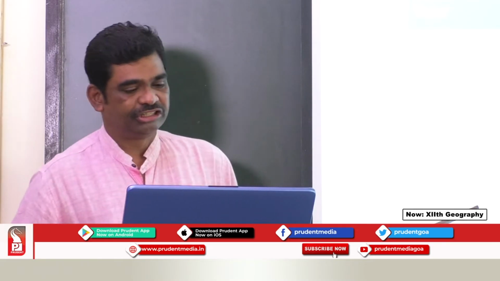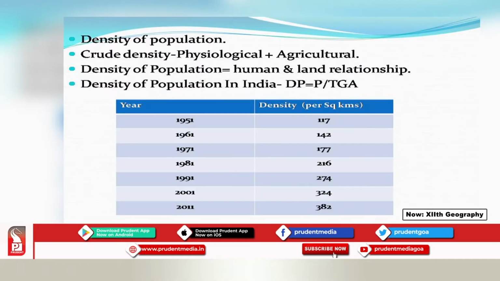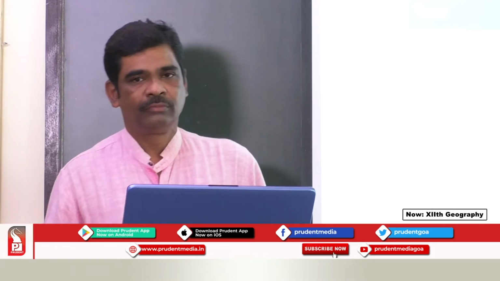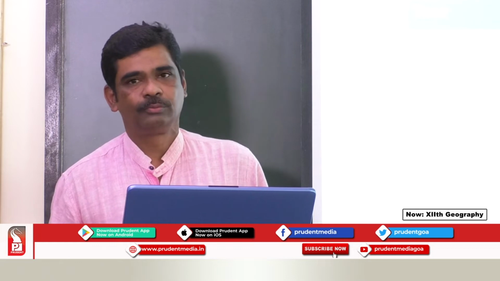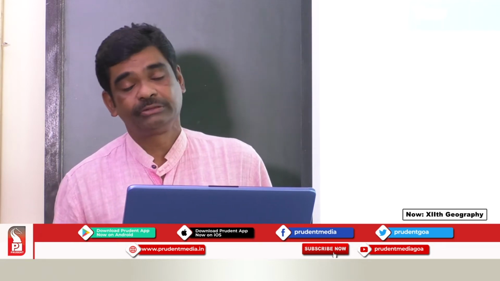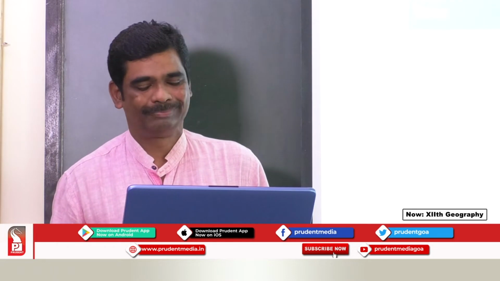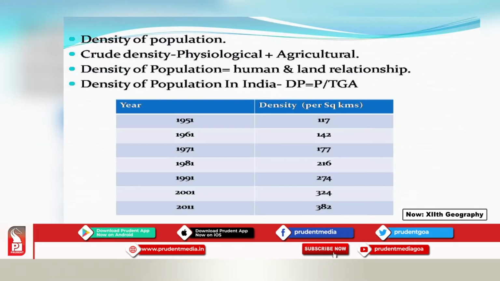Next important is the density of population in India. In the earlier part, I have told you there are three types of density of population: crude density, physiological density, agricultural density.